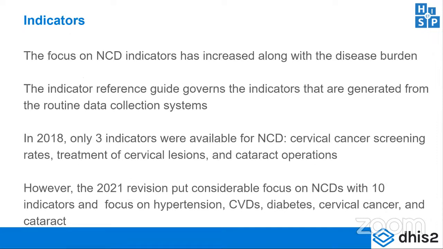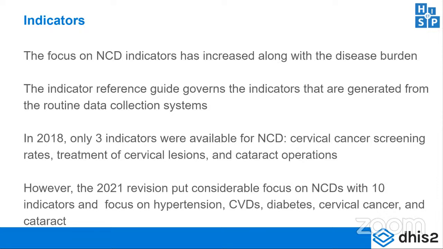The focus on NCD-oriented indicators has increased because of this, along with the disease burden. The indicator reference guide the ministry has governs the indicators that are generated from the routine data collection systems, from community level facilities all the way to referral hospitals. If you go back to the second last indicator revision in 2018, only 3 indicators were available for NCD, focusing on cervical cancer screening, treatment of precancerous lesions, and cataract operations.